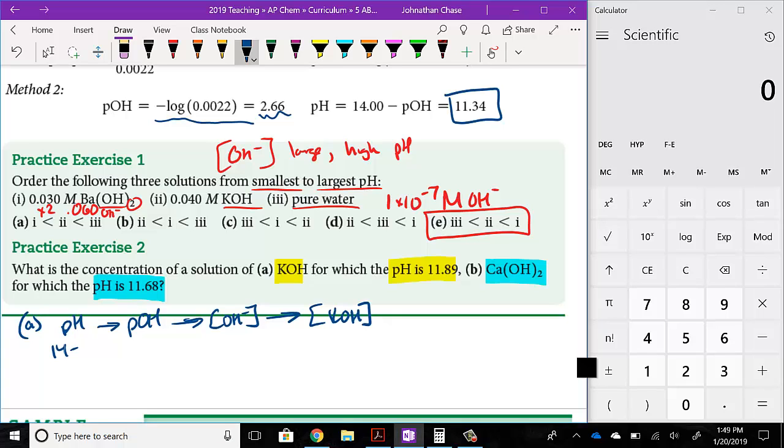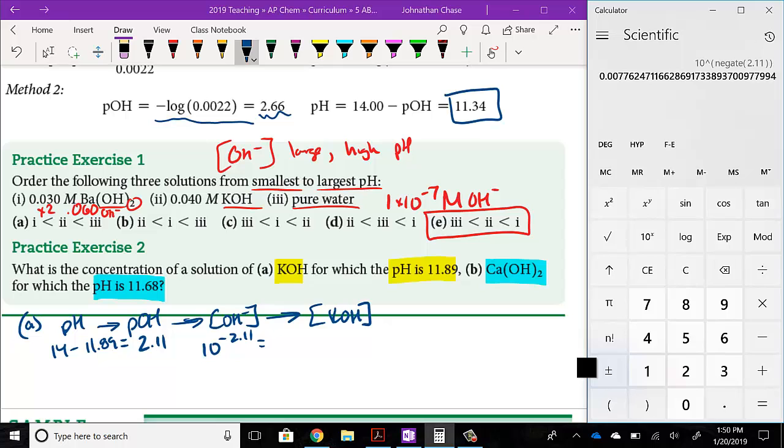So 14 minus 11.89 is going to get me pOH. I get 2.11. Now, to get into hydroxide, what we do is 10 to the negative pOH in order to find hydroxide. So our pOH 2.11 is there, we negate that, and then the 10 to a power button. So that's 0.00776 25.